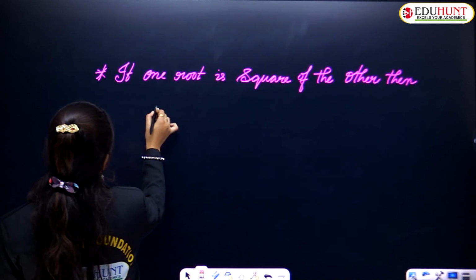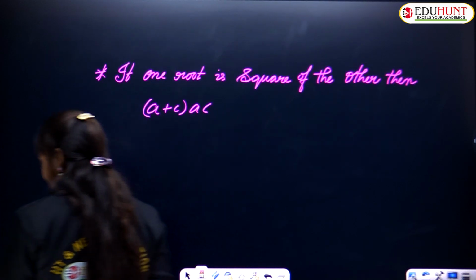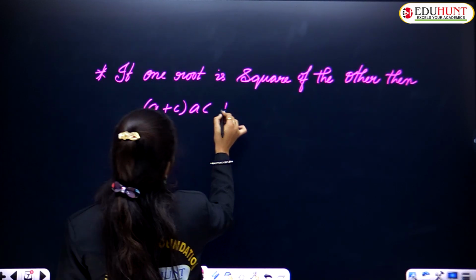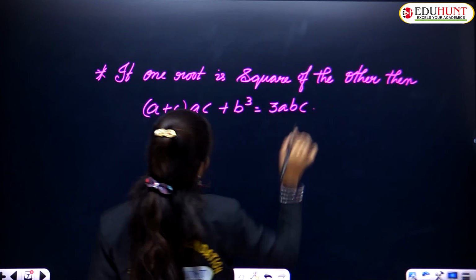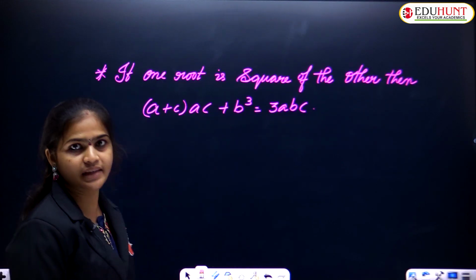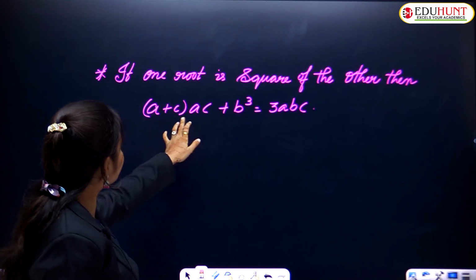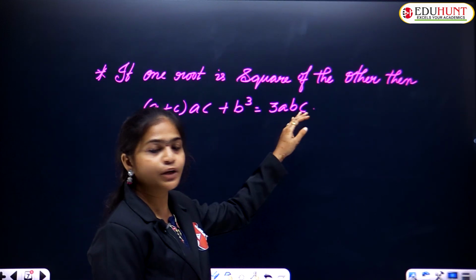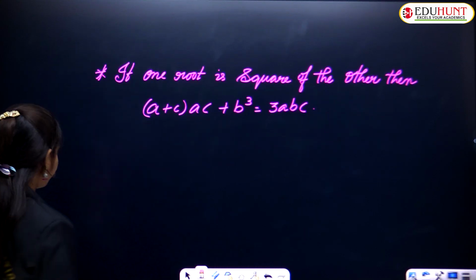Here the condition is a plus c into ac plus b cube is equal to 3abc. What is the condition? If one root is square of the other, then a plus c into ac plus b cube is equal to 3abc. Okay, so see here.